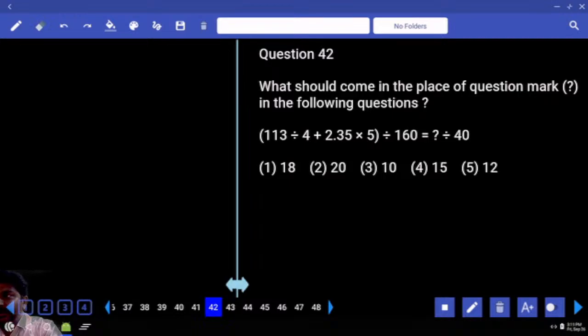X is in right hand side numerator. Denominator left hand side we have 60. This is the entire number you have to calculate, numbers inside bracket. Finally divided by 160 we have. Right hand side denominator 40. 40 how many times? So left hand side entire denominator is 4.